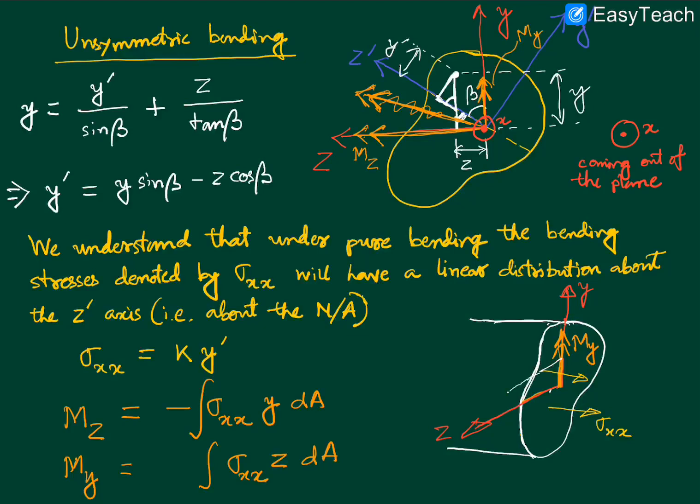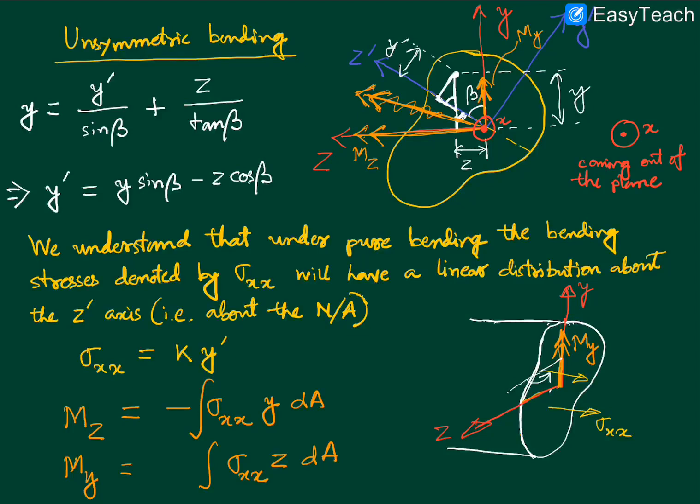Now if I shift it like this and I curl the fingers of my right hand in this sense, then the thumb of my right hand would be pointing along the positive y-axis.